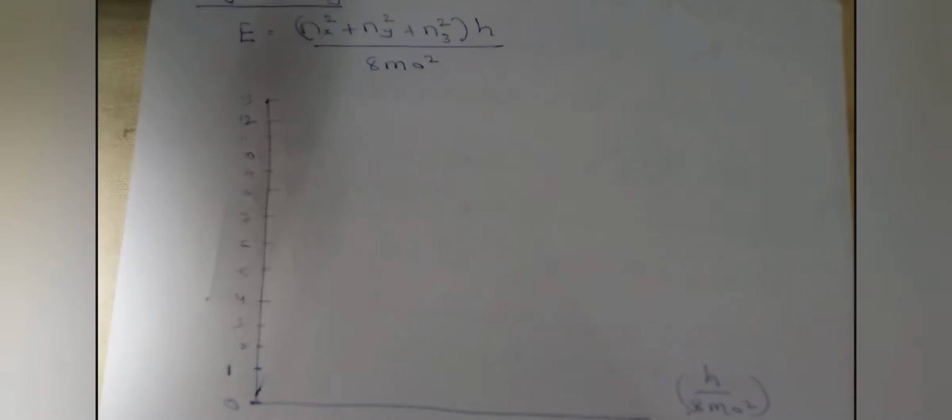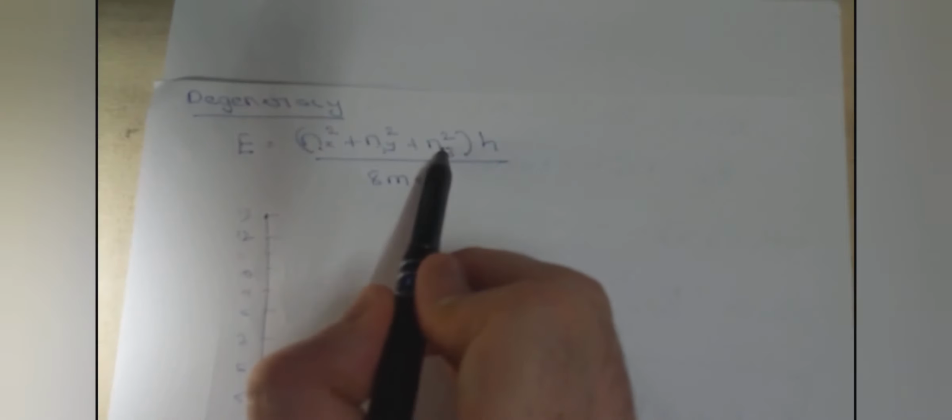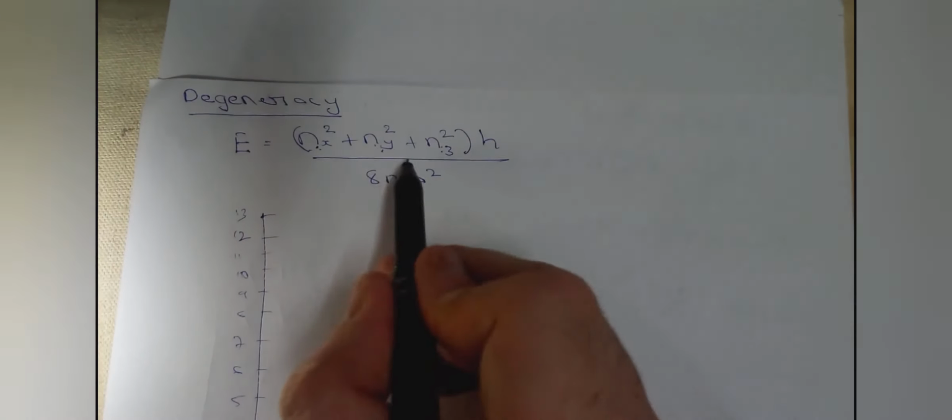So if you see here, when we have nx 1, ny 1, nz also 1, then this will be 1 square plus 1 plus 1, that is 3. So that will be 3 here, 3 h square by 8ma square.